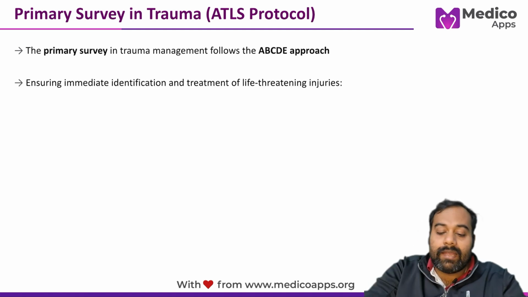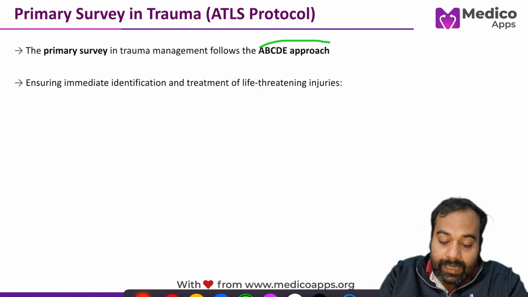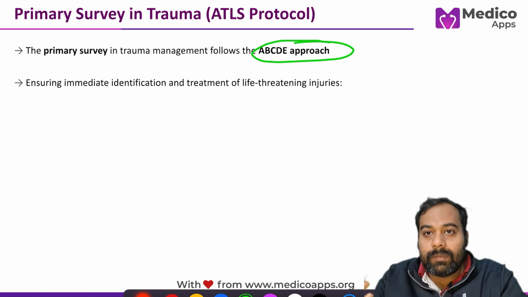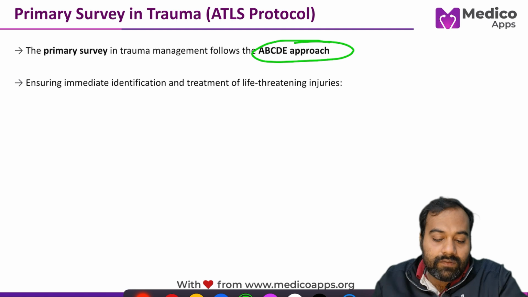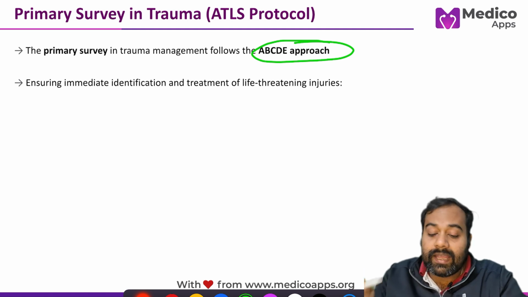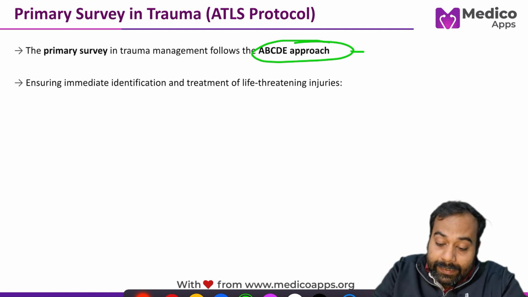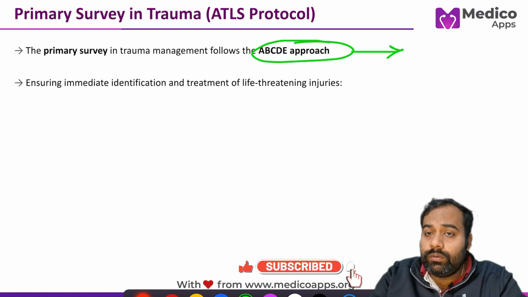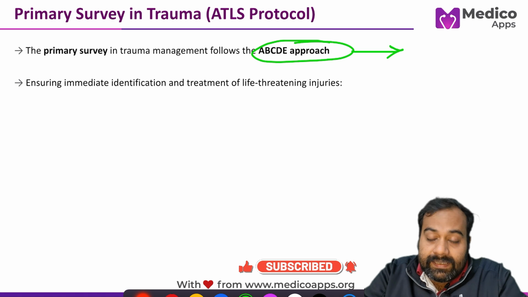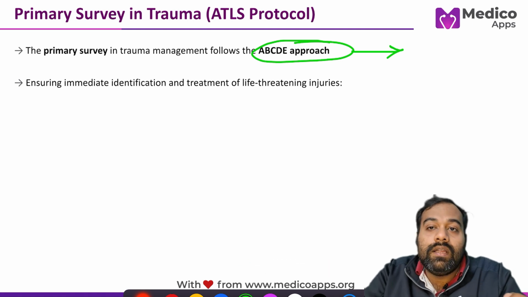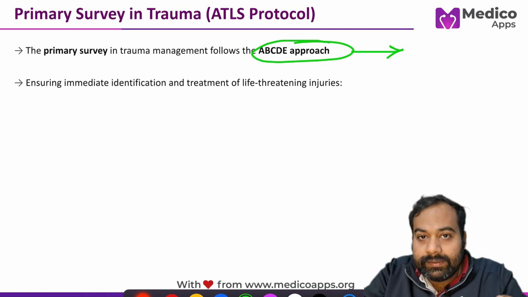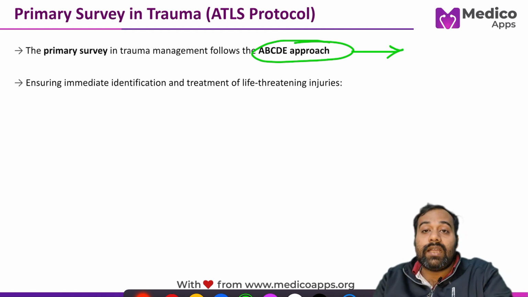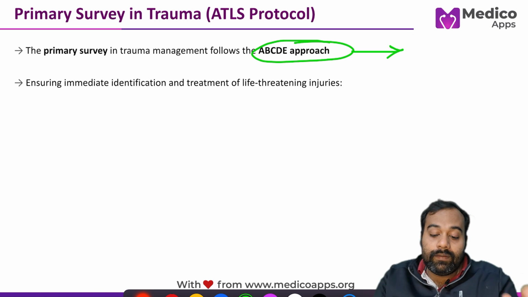While in the primary survey there is an ABCDE approach. Okay, A for airway, B for breathing, C for circulation, D for disability, and E for exposure. Now in the recent ATLS guideline, they include a new C, and that C means control of life-threatening hemorrhage, and this control of life-threatening hemorrhage is given the priority above airway.